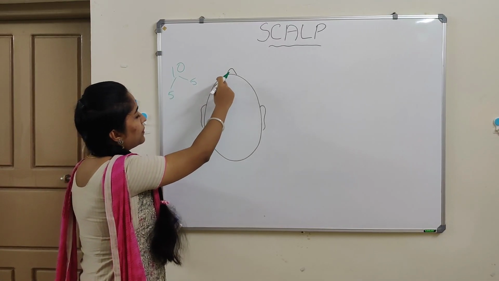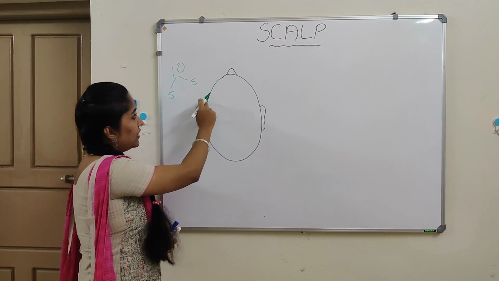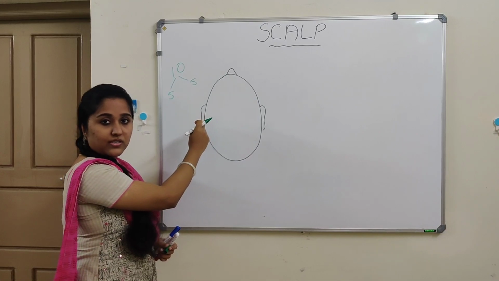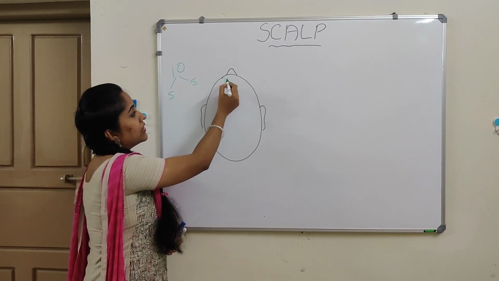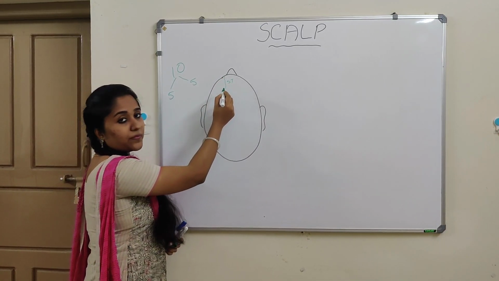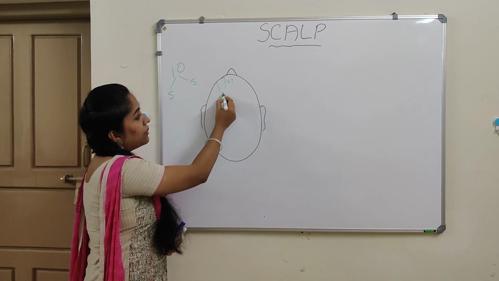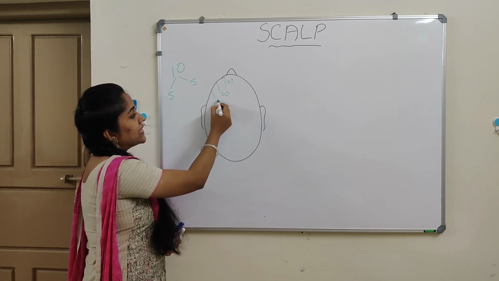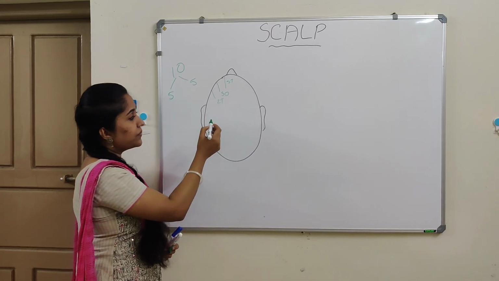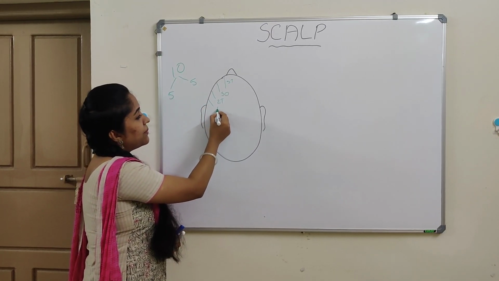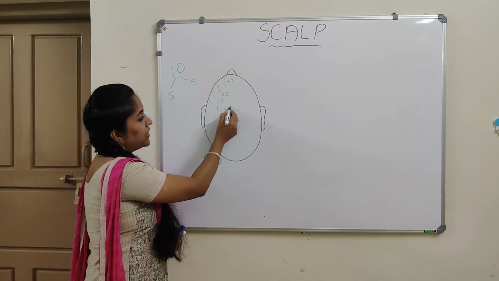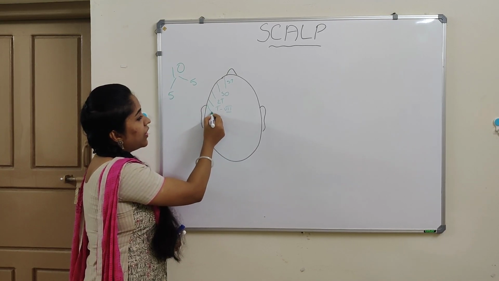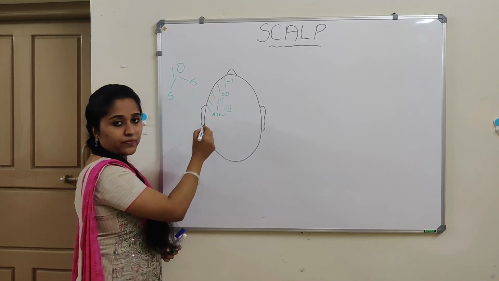In the pre-auricular compartment, that is in front of the auricle, from before backwards, we have the supratrochlear nerve, then supraorbital nerve, then zygomaticotemporal nerve, then temporal branch of facial nerve and then auriculotemporal nerve.